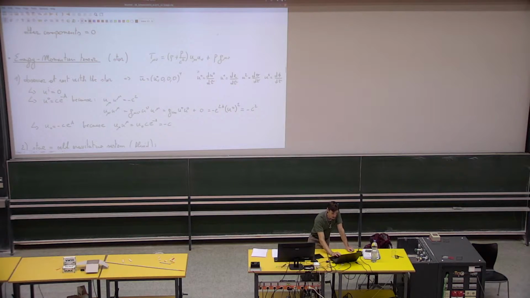So I just consider matter, and if you are considering a pressureless component, dust, in which the pressure is equal to 0, you would be left only with rho u mu u nu, dust, as we have seen also in the previous lectures. In this case, I'm considering all of it, so pressure is going to be different than 0.